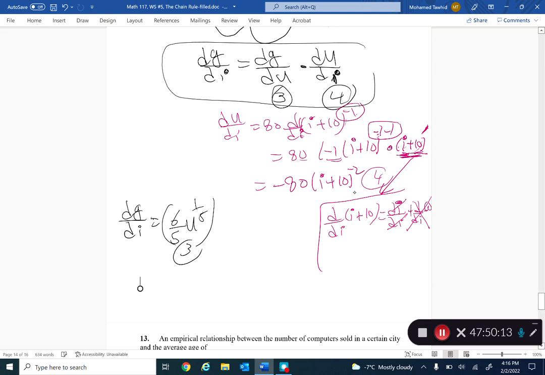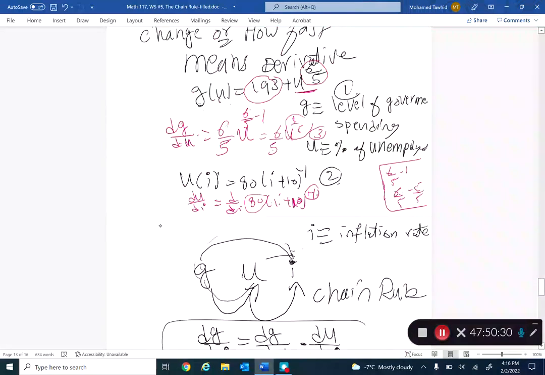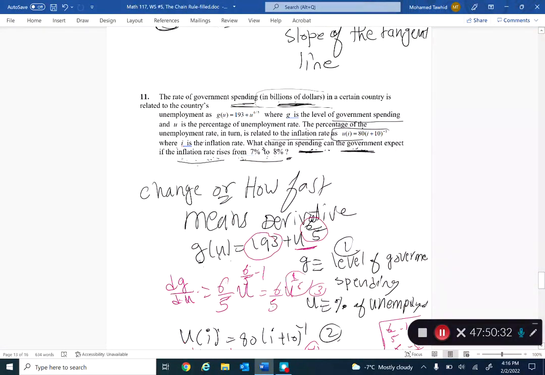Equation number 4, just copy from here, which is negative 80, I plus 10 to the power negative 2. That's our chain rule. Did you finish? Yes, almost finished, because that is applying the chain rule now. So what is the question? They ask what change in spending can the government expect if the inflation rate goes from 7% to 8%.